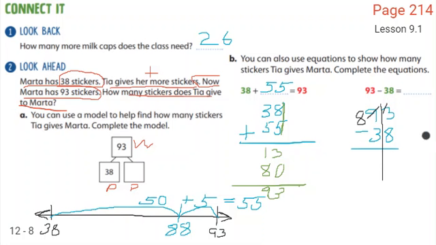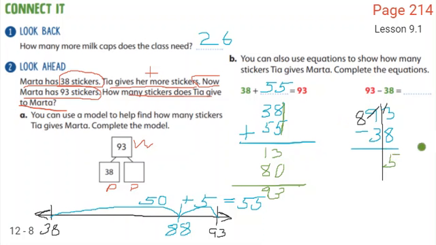So 13 ones minus 8 ones, you can count backwards. So we go 13, 12, 11, 10, 9. Oh, next number is 8. Or we can count on from 8. 9, 10, 11, 12, 13. It's still 5. So let me put my 5 in there.